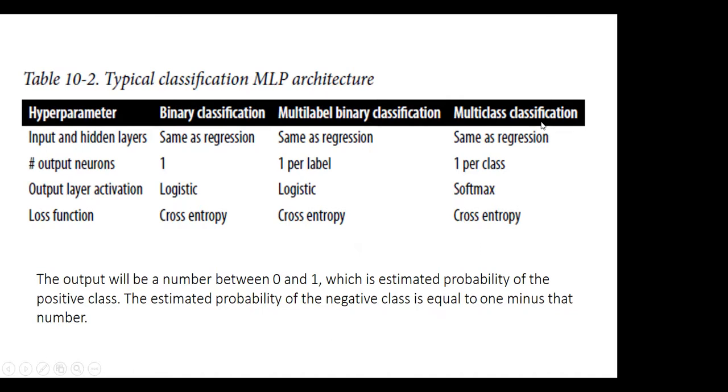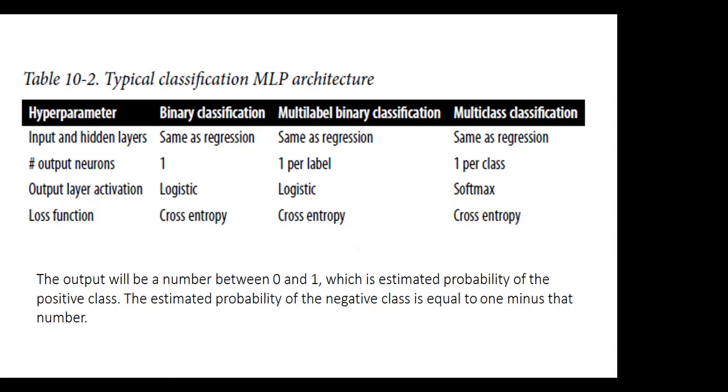But for multi-class classification, for example, we have an image, and we want to predict if it's a dog or cat or any kind of animal. So here we cannot have both dog and cat.